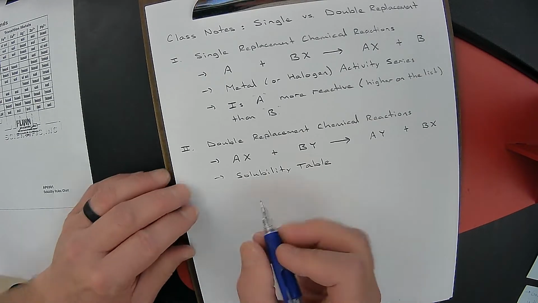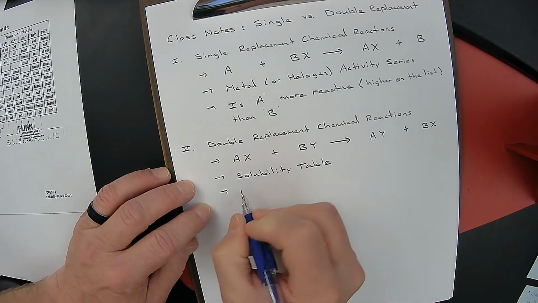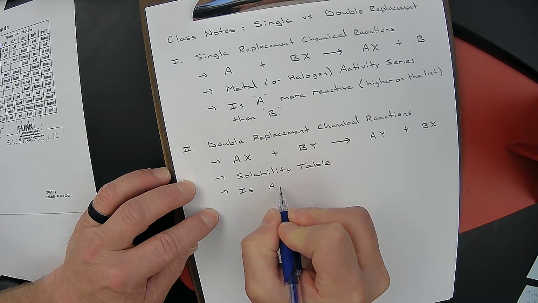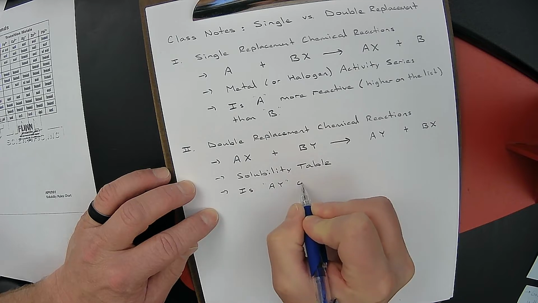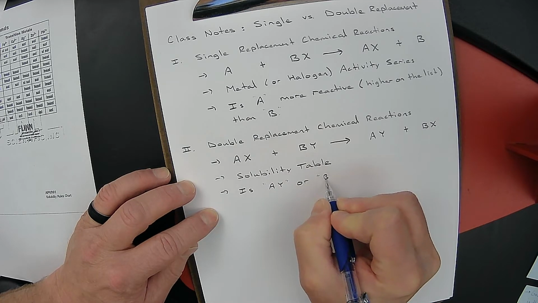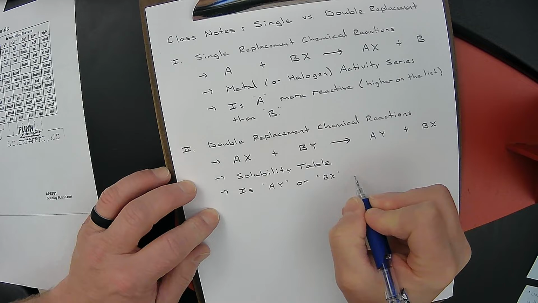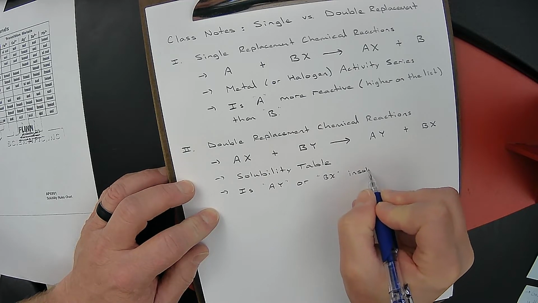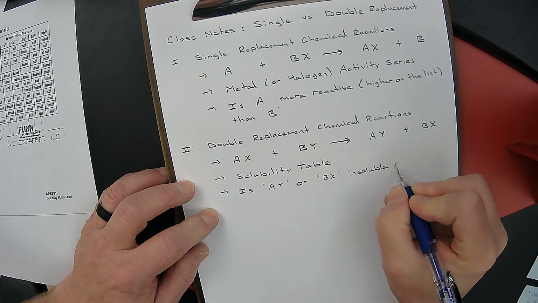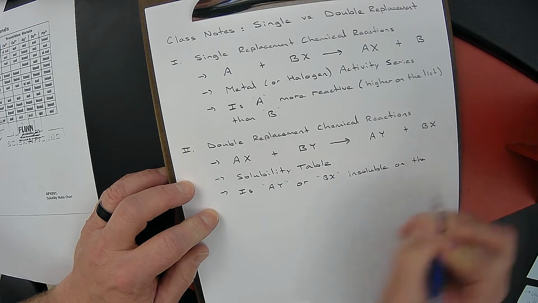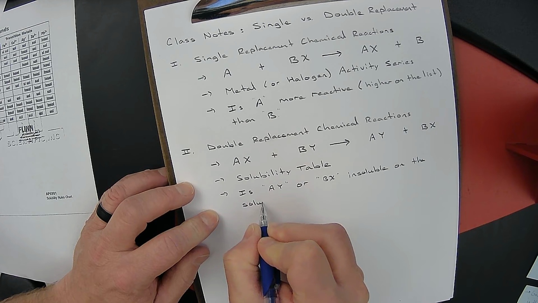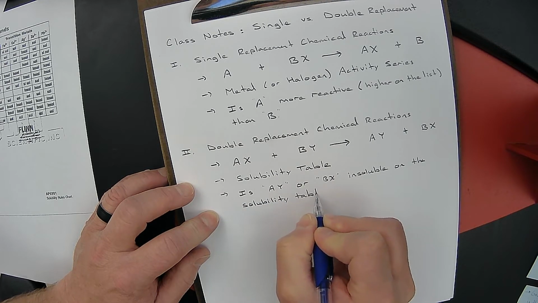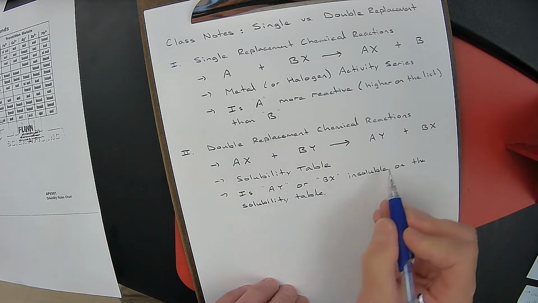So we're looking for: is AY or BX insoluble on the solubility table, which means that it will not dissolve.